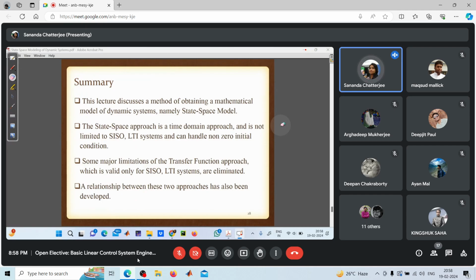That is, it is not limited to SISO systems, it is not limited to LTI systems, and it can handle non-zero initial conditions. And we have also seen the relationship between the state space representation and the transfer function representation.